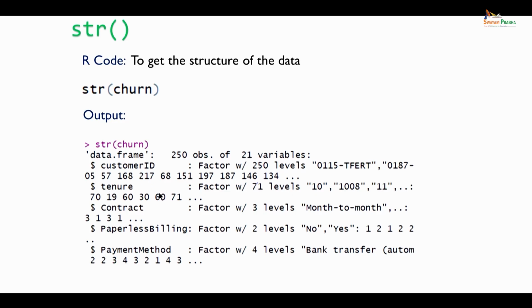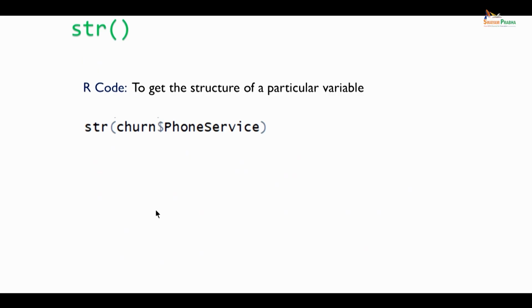Next is the tenure variable. It is also a factor variable with 71 levels. So, next, if you can see paperless billing, it is a categorical variable with two levels, that is yes or no. This is to get the structure of the data frame. You can also get the structure for a particular variable using the same command.